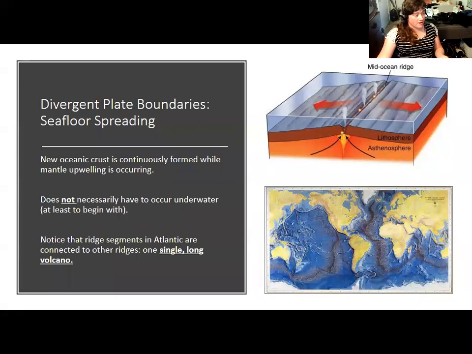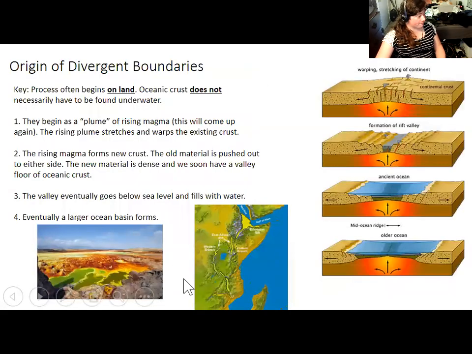And I say seafloor spreading even though it's on land because confusingly divergent plate boundaries often form on land and then push the continents out far enough that the ocean can flow in, which is actually what happened with South America and Africa.